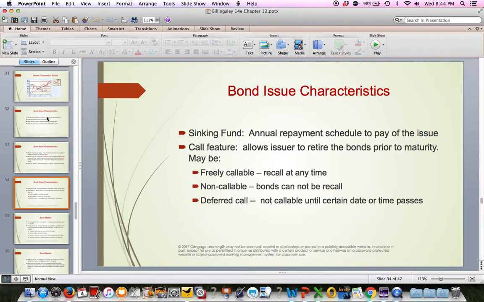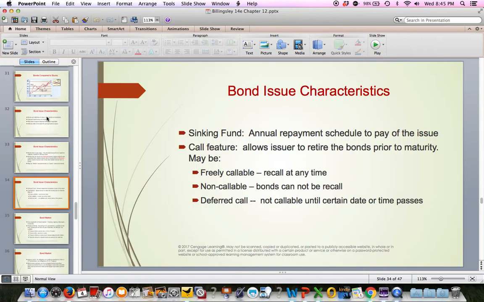Bonds could also potentially have a sinking fund, which is a repayment schedule to pay off the issue. Basically, the company that issued that bond is setting money aside regularly to help pay off the bonds. Some bonds can be callable. That means the issuer has the right to call them back before they mature. It's a way for the bond issuer to protect themselves against interest rates changing.